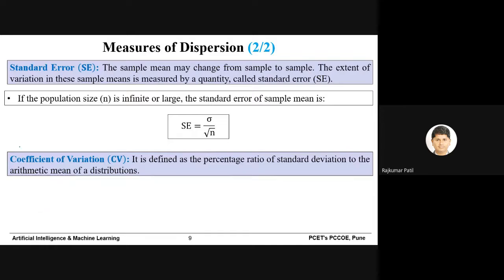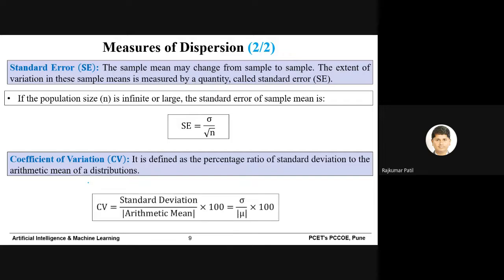Then the extended version of standard error is the coefficient of variation. It is defined as the percentage ratio of standard deviation to the arithmetic mean of the distribution. So this is again just a percentage. Here, instead of the sample, we are just dividing by mu, that is the mean, and multiplying by 100, so it will be in percentage.